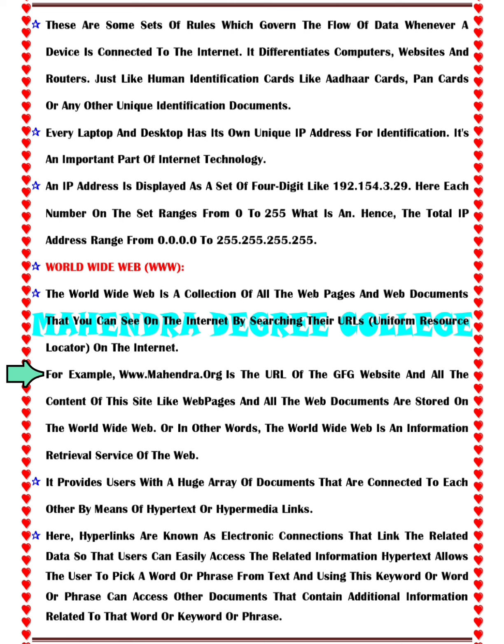The site contains different web pages like home, about, services, and web documents like PDFs, images, videos, and articles. All these web pages and documents are stored on the World Wide Web.